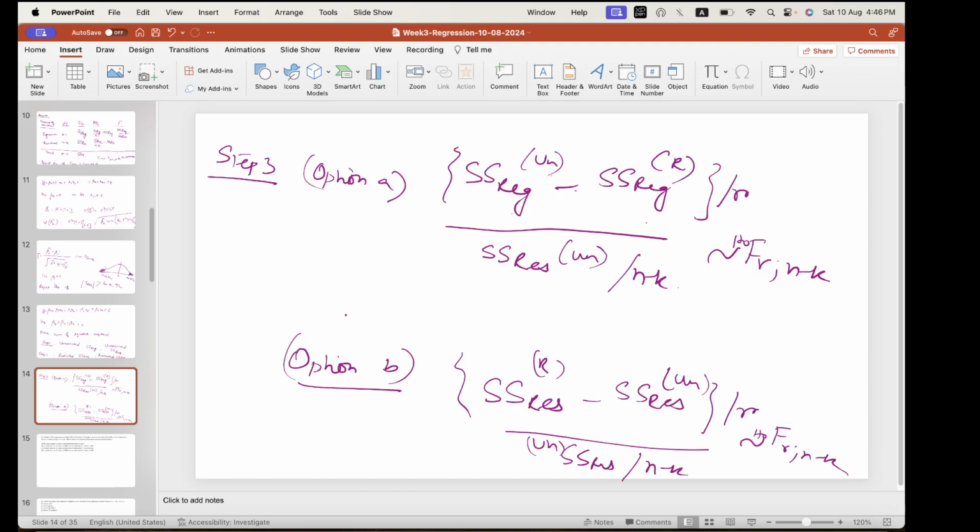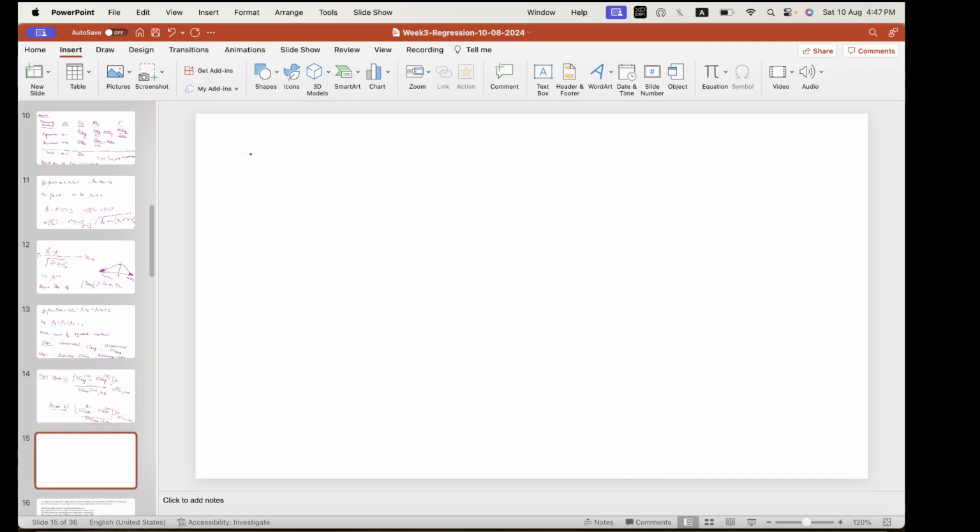Okay, so just be mindful, if you are using regression, then unrestricted minus restricted, and if you are using residuals, then you would use restricted minus unrestricted. Okay, so the thing is simple, we have to keep the upper term positive. So I'll explain what I mean by restricted and unrestricted.